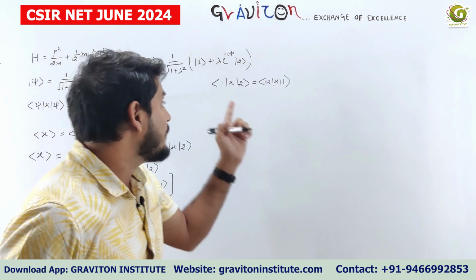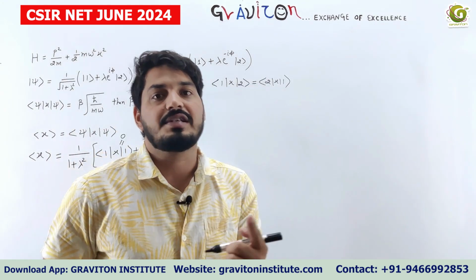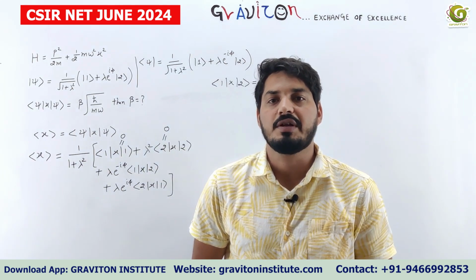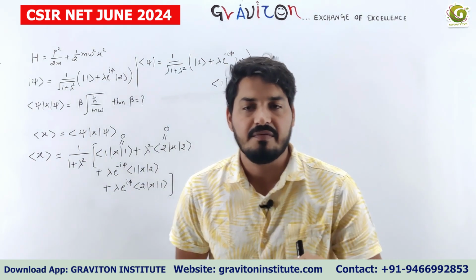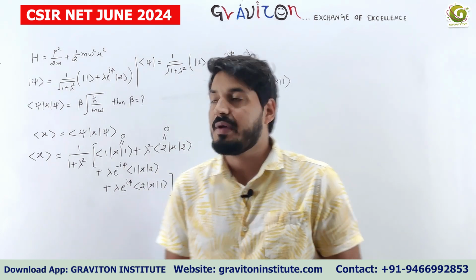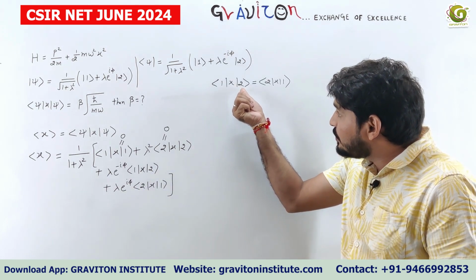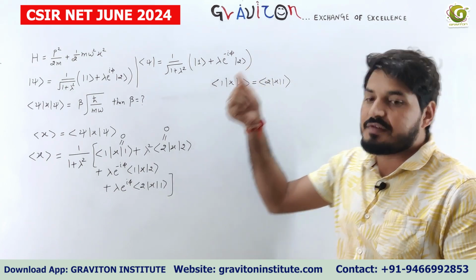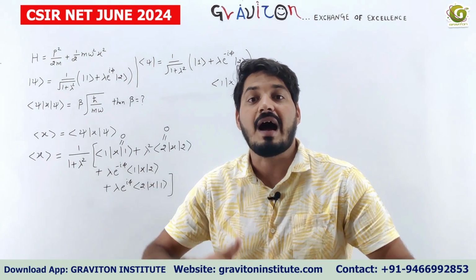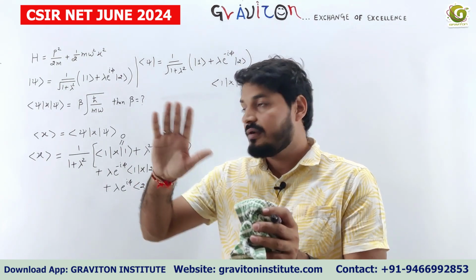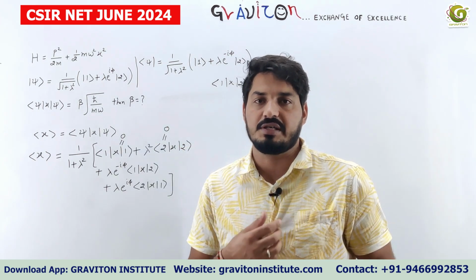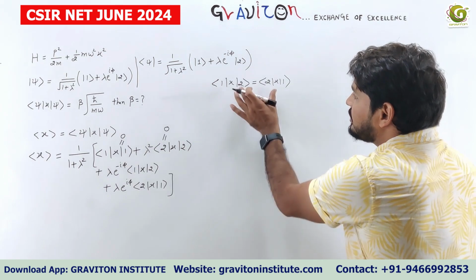Because this 1 and 2 are the eigen states of the harmonic oscillator, and we know that the eigen state of the harmonic oscillator is always a real wave function. So for a real wave function, you first apply x on 2 and then on 1, or first apply x on 1 and then on 2, then both answers will be the same. If it is not a real wave function, then you cannot do this thing. Fine. So I'm putting these two equal.